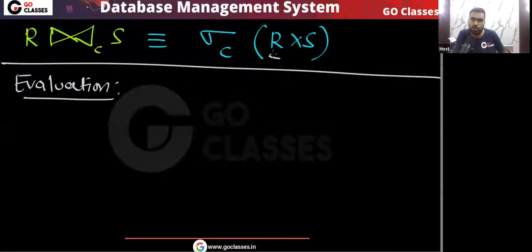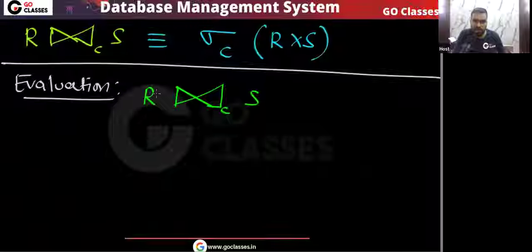Don't do cross product. There is no need to do cross product. Basically, this R and this conditional join and this S. So remember, the evaluation will be like this. Those tuples of R will match with tuples of S where the condition is satisfied.